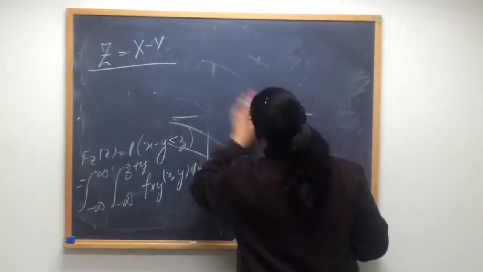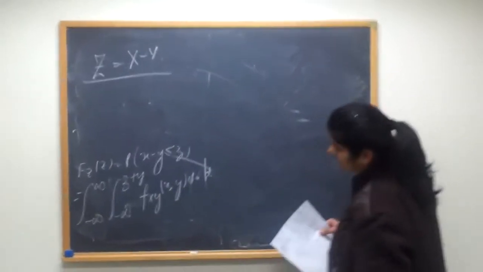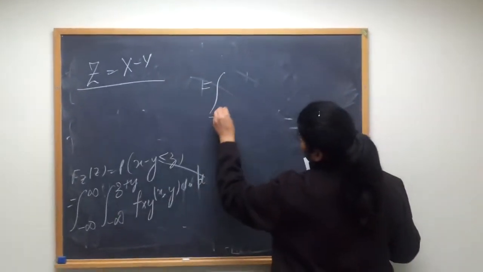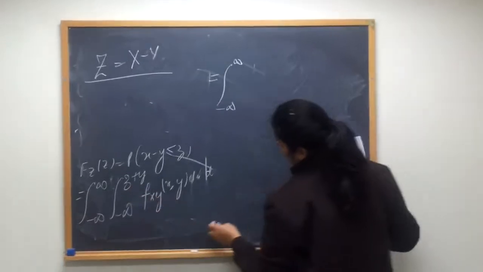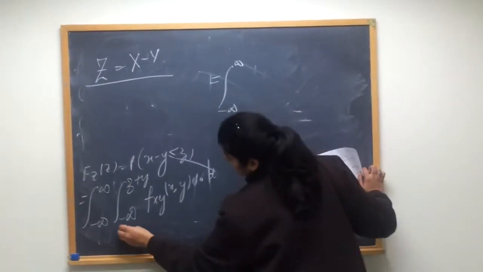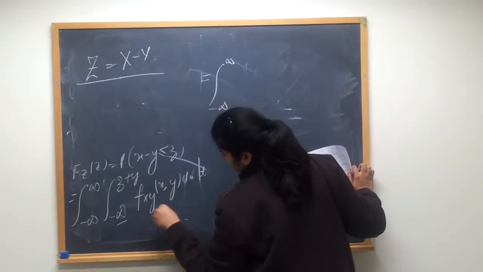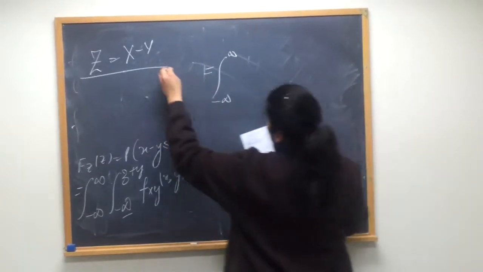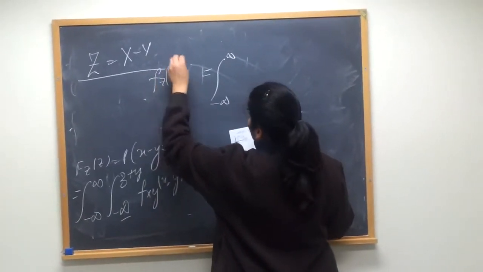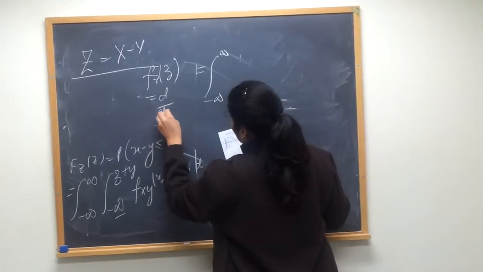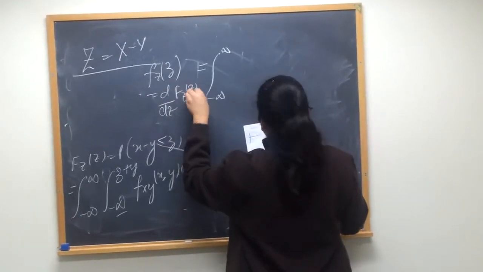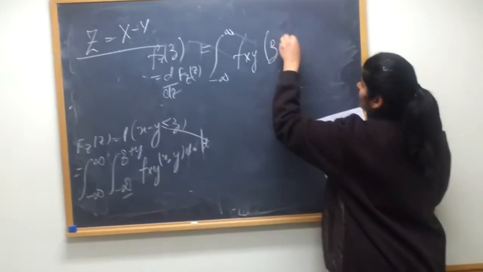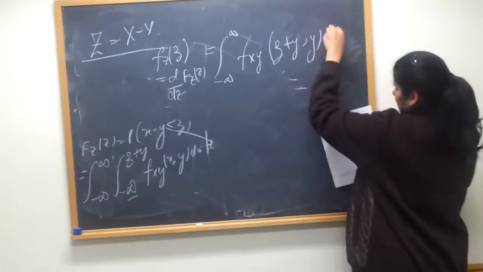From Leibniz rule we take the derivative of the upper limit, z plus y, first, so we get 1, and then the derivative of the lower limit gives 0, and the remaining integral term is also 0. So we are left with only one term: f_Z(z), which is the derivative of capital F_Z(z), equals the integral from minus infinity to infinity of f_XY(z plus y, y) dy.